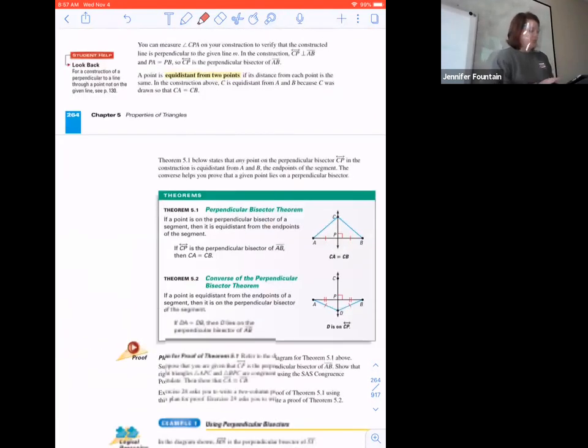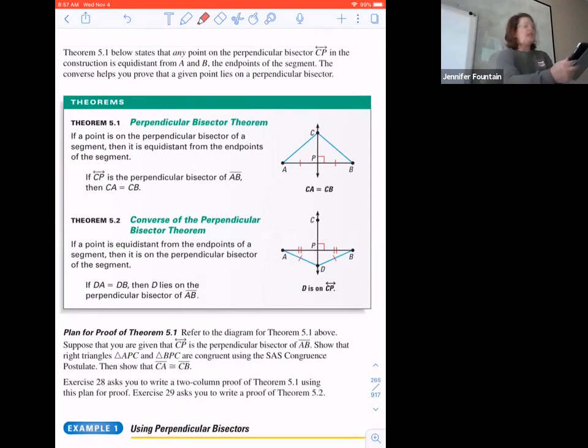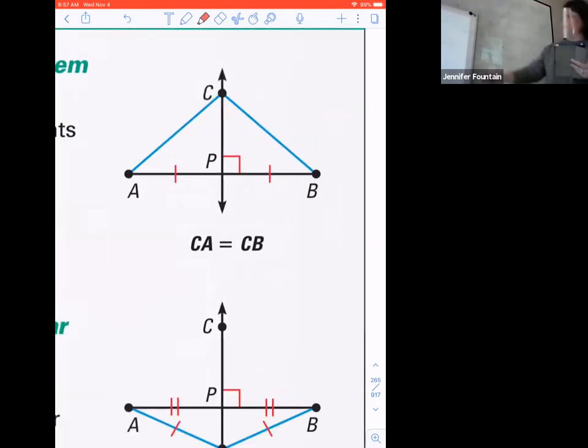Go ahead and look over on page 265. It says theorem 5.1 below states that any point on the perpendicular bisector CP in the construction is equidistant from A to B. So basically the construction that they just drew is showing us the first one in the box. Now remember I had CP with a line that is intersecting AB.